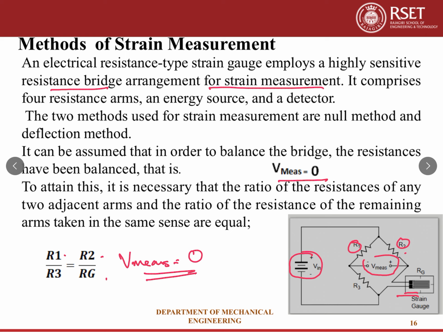Therefore, R1 by R3 is not equal to R2 by Rg because the Rg value changes. Then V is not equal to 0. So we can measure this V to find out the change in resistance, and then the strain.